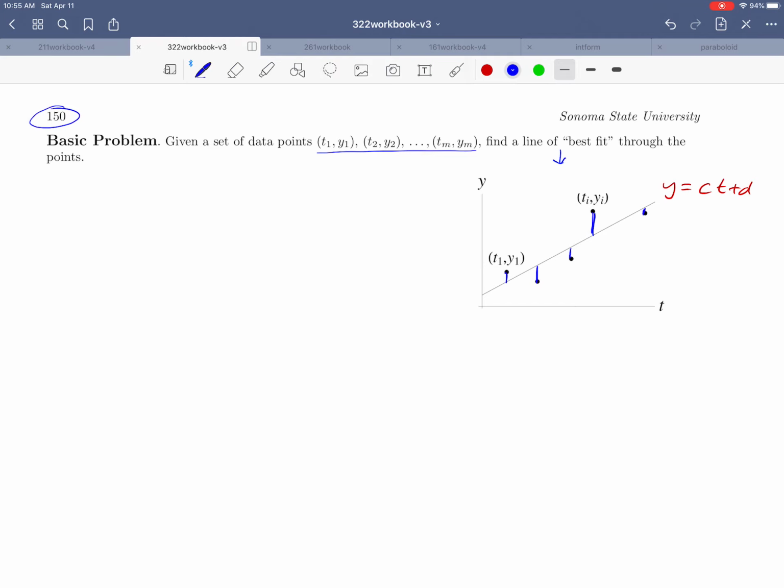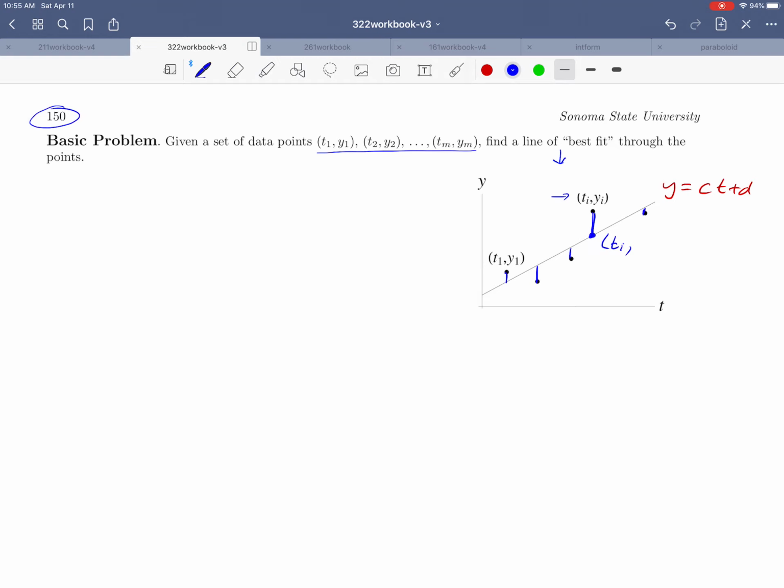To get an expression for the error between the data points and the line, let's start with a general point (ti, yi), and think about how we would measure the distance between that point and its counterpart on the line. This point down here that I've labeled is going to have the same input coordinate ti. What would its output coordinate be?